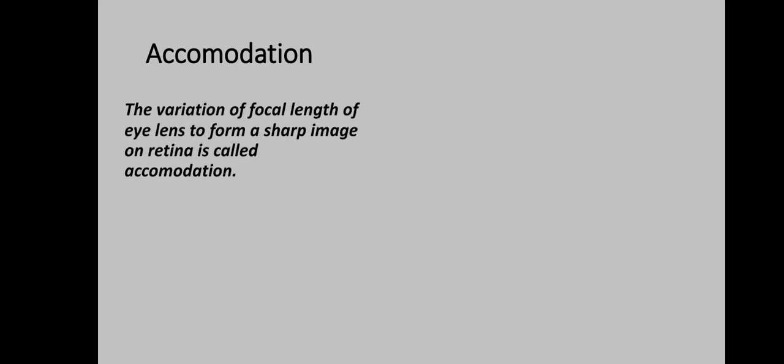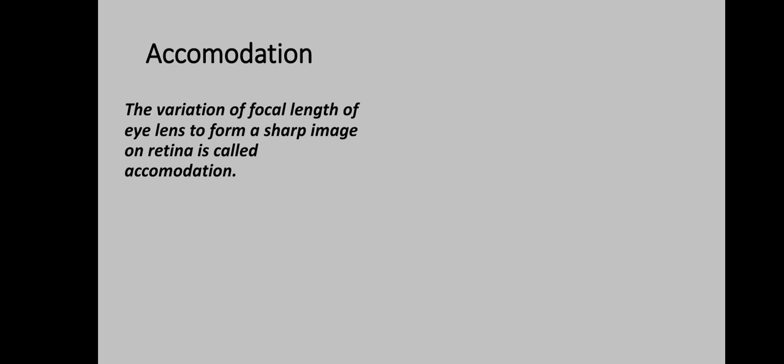What is meant by accommodation of the eye? The variation of focal length of the eye lens to form a sharp image on the retina is called accommodation. The variation of focal length means the changes in the focal length of the eye lens to form a sharp image on the retina, because we have to see nearby objects as well as objects present at some distance in our lives.